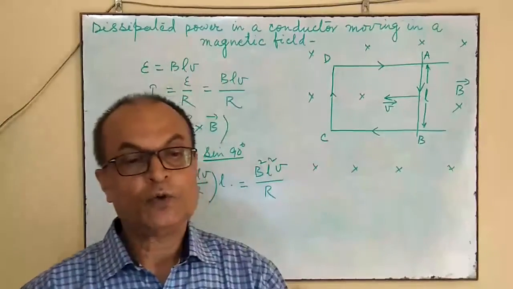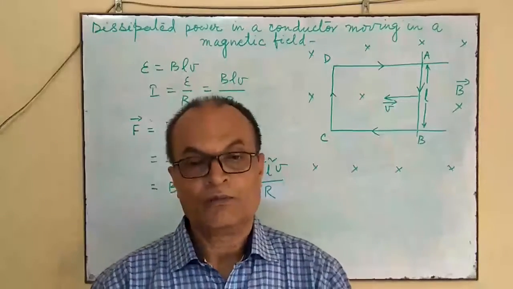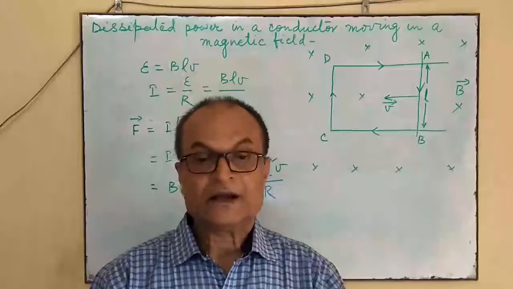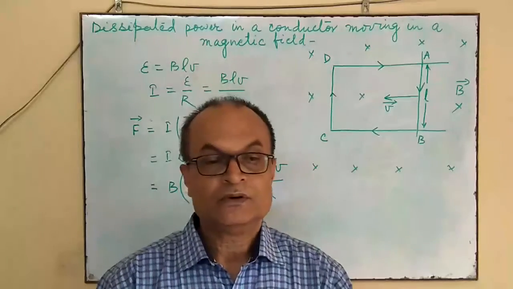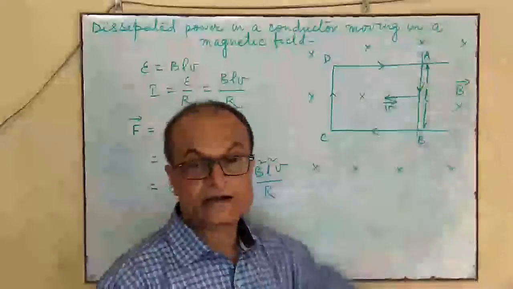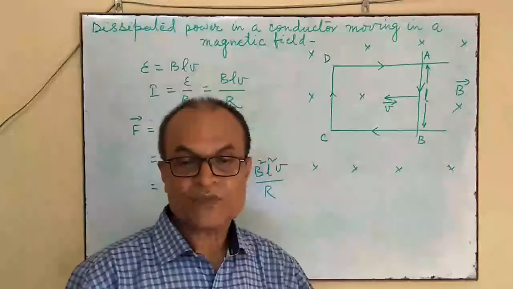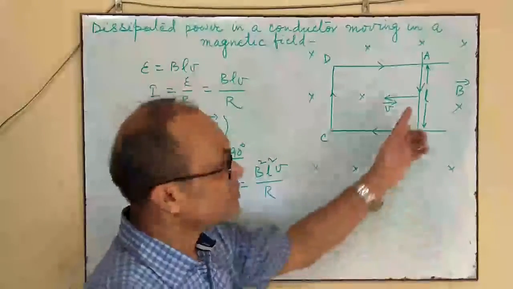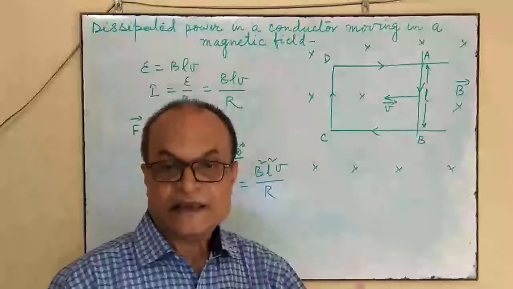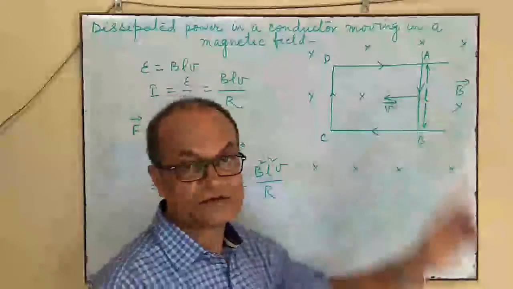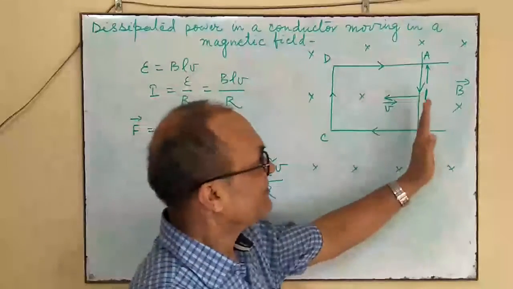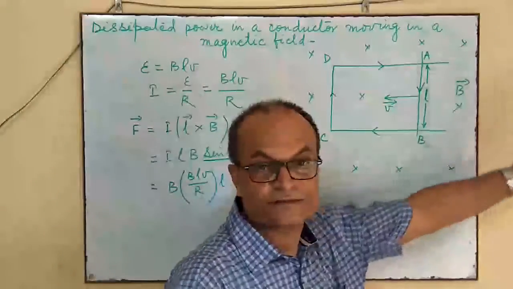According to Fleming's left hand rule, the direction of force is opposite to the direction of the velocity of this conductor AB. I repeat, the direction of the force is opposite to the direction of the velocity of the conductor. That means it will act in this direction.